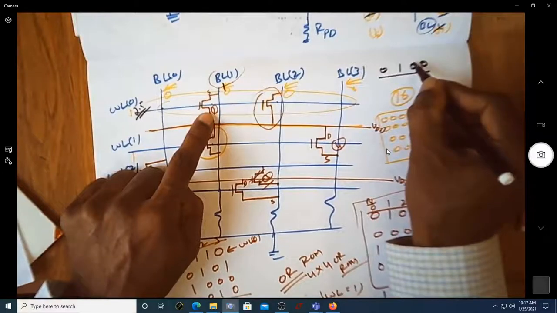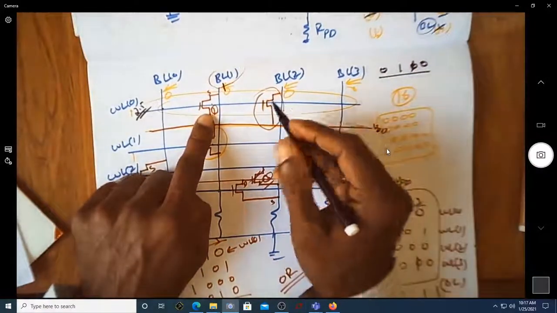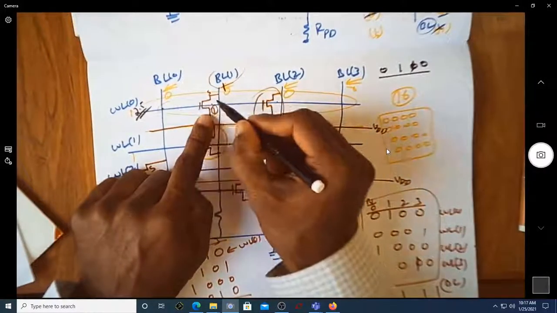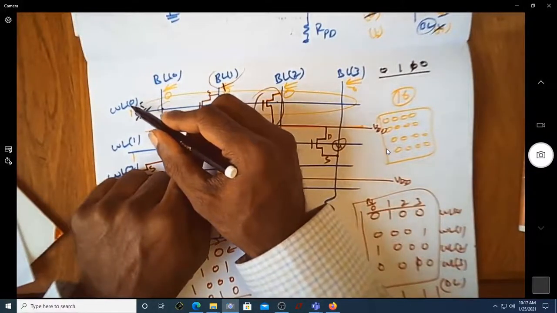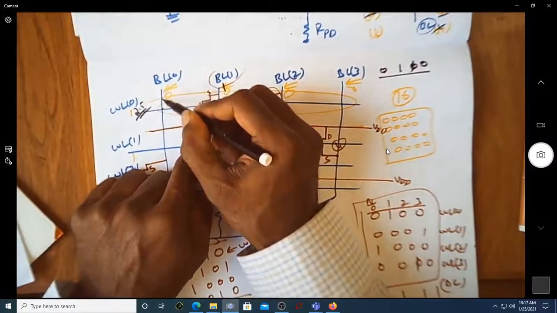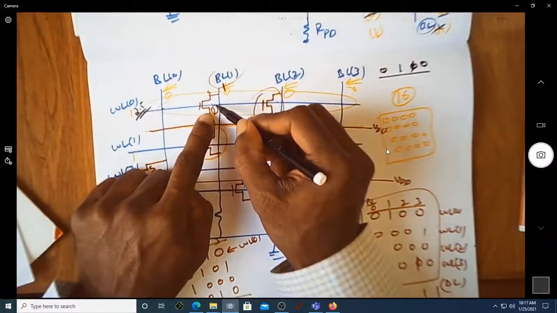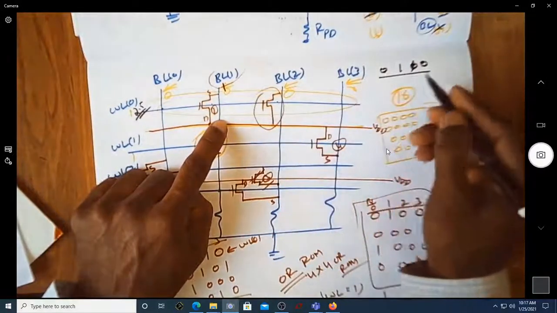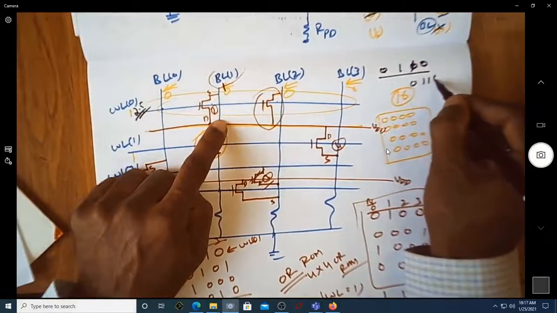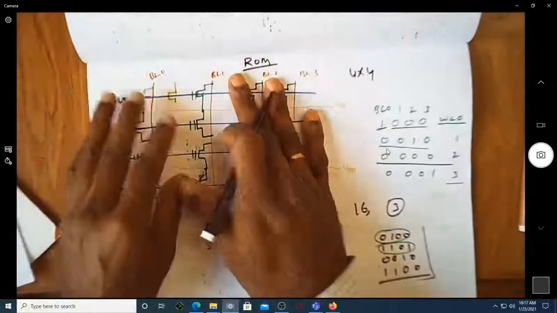Suppose now, in this particular case, it is 0 1 1 0. Whenever you apply word line 0 equal to 2.5, there is no transistor, so the value read here is 0, the value read here is 1, this is also 1, and this is also 0. So we'll be reading 0 1 1 0. Now what happens in this particular case?